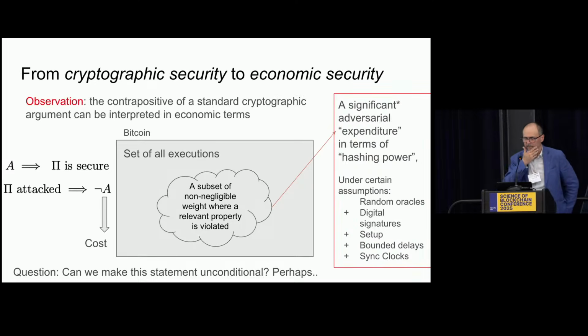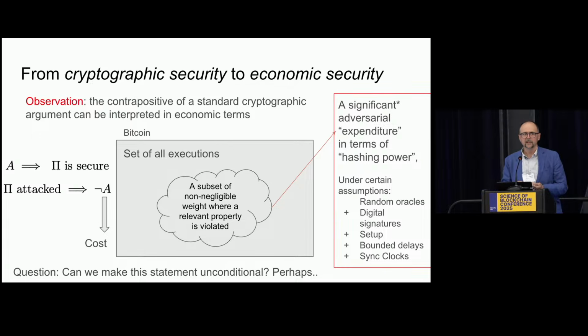So what can we do about assumptions like that? Here is an observation that can transition us from the world of cryptographic security to a world that we can call economic security and reduce the number of assumptions we have to make. To see the transition, consider the contrapositive of a standard cryptographic argument.